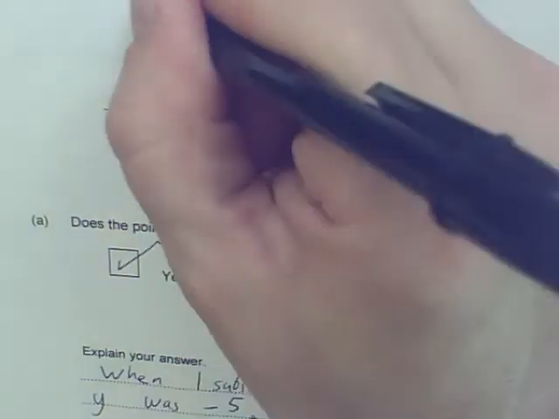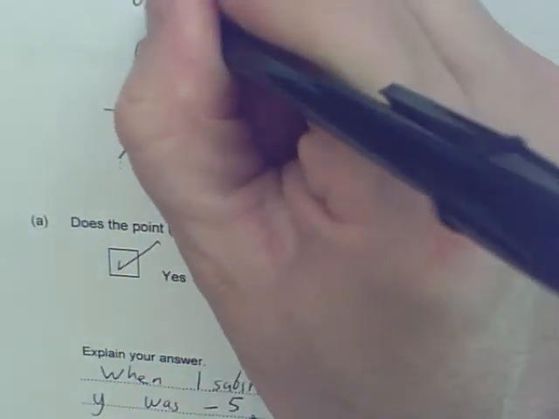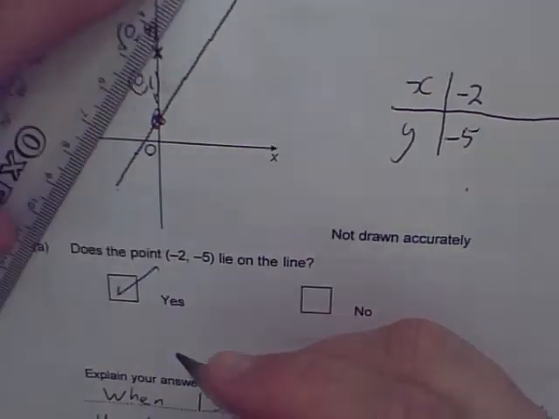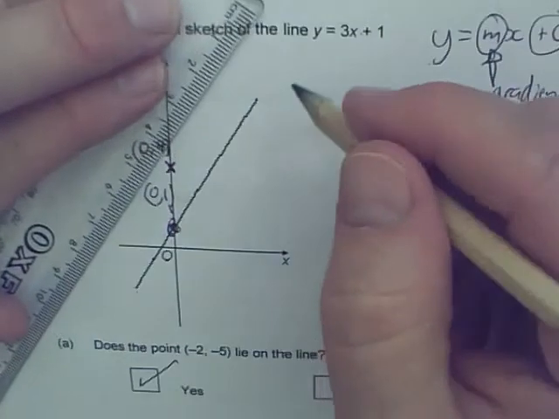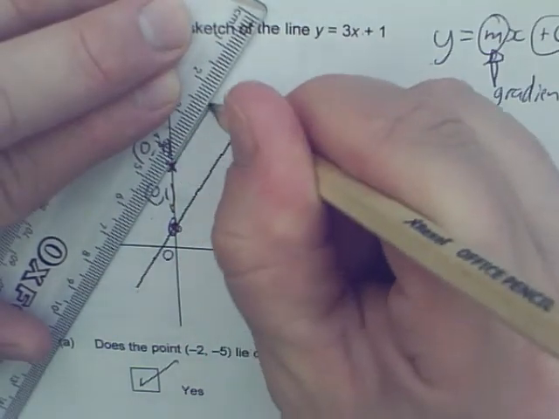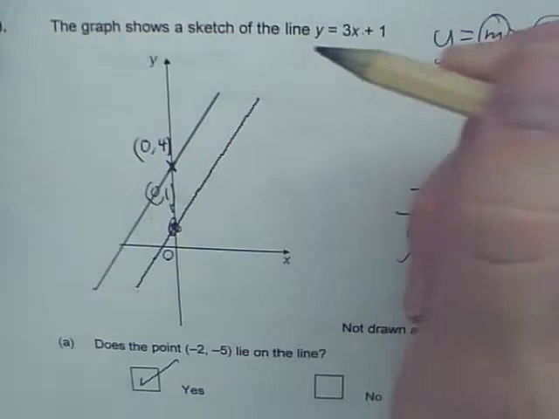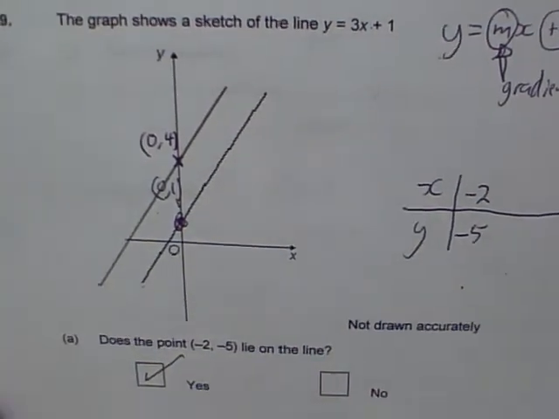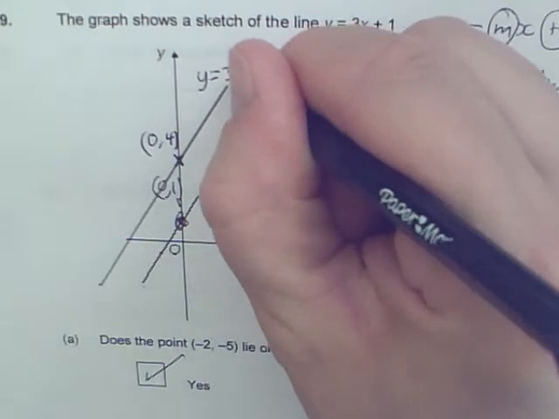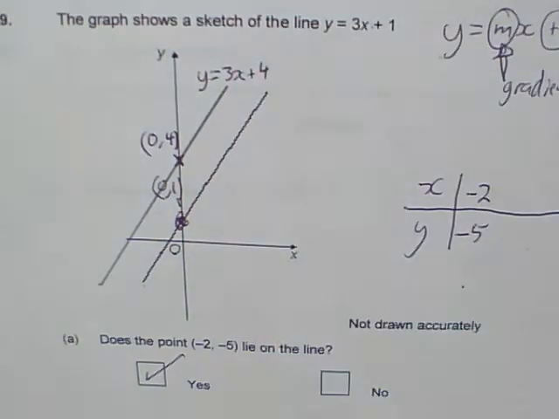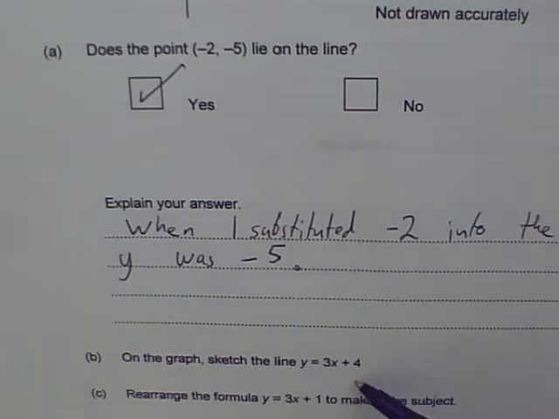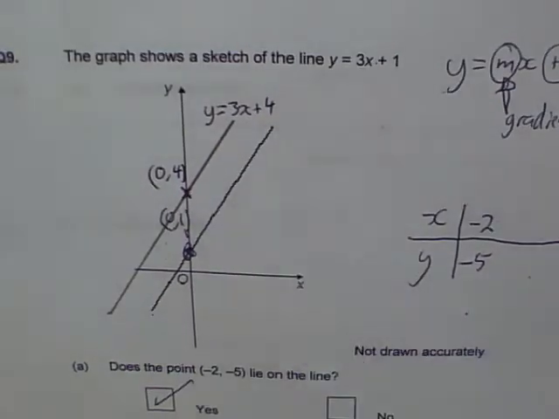And if I indicate that that's the point 0, 4, and then I sketch my line parallel to the other one, making sure I'm keeping it parallel, then that is going to give me the full marks. I'm just going to label it, just for completeness sake, y equals 3x plus 4. So same gradient, but going through plus 4 instead of plus 1. That's it.